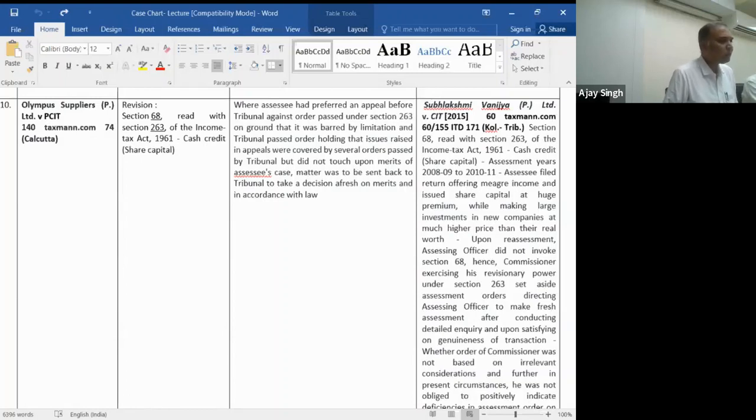When the matter traveled to the tribunal, it simply followed certain other decisions in the context of share capital which were in favor of the assessee and said that these are covered by those decisions, and therefore the 263 proceedings invoked by the Commissioner had wrongly been done, and it allowed the appeal of the assessee. The department had challenged it.